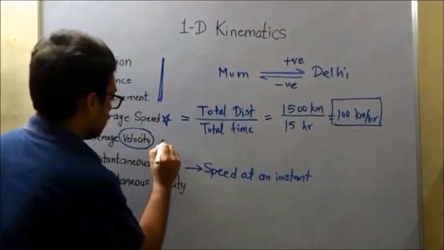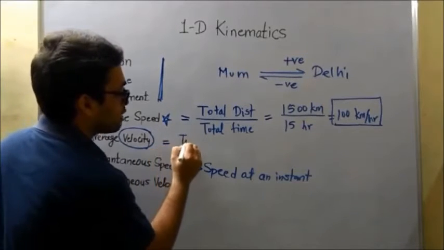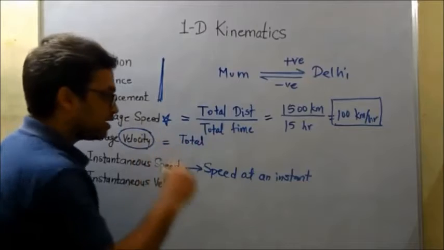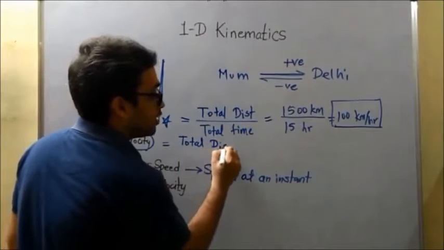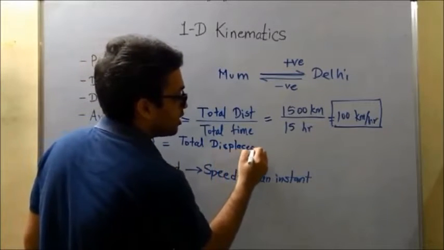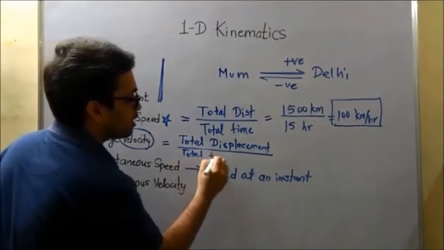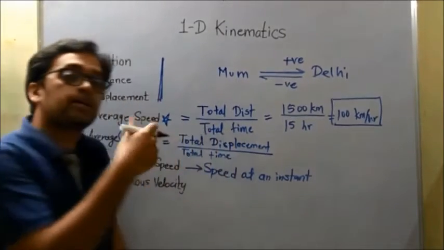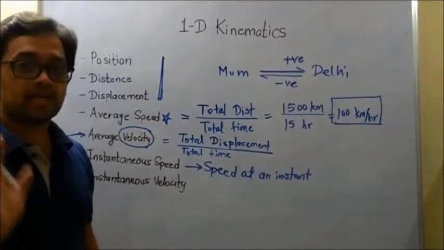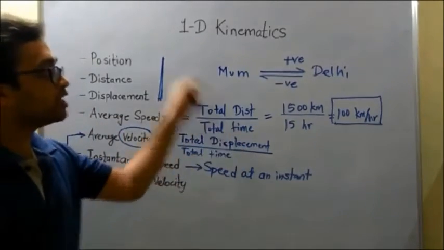The formula for average velocity goes like this: total, yes, you guessed it right, total displacement by total time.